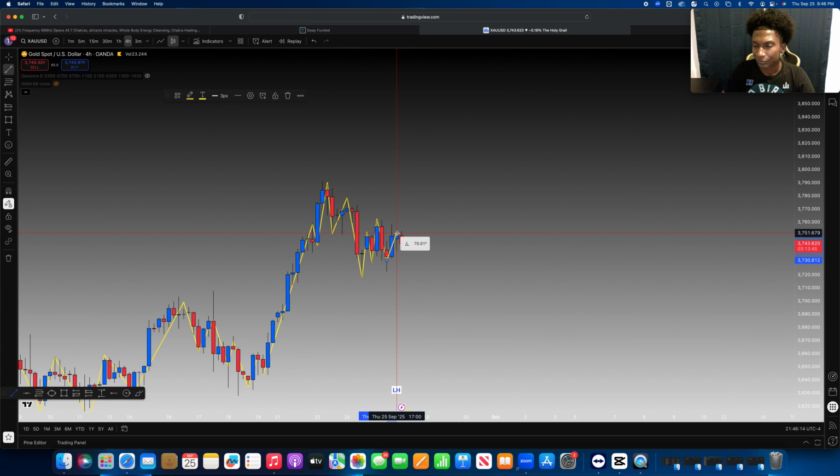So price broke structure here. Breaking structure is basically a transition from an uptrend to a downtrend, or a downtrend to an uptrend. So price can go up, it can go down, and then it can break a higher low point right here, form that next lower high point, and break structure and flip.